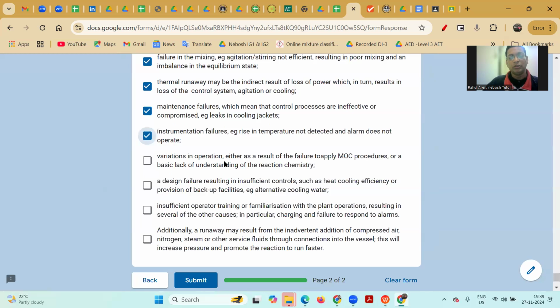Variation in operation, either as a result of failure to apply MOC procedure or a basic lack of understanding of the reaction chemistry. A design failure resulting in insufficient control, such as heat cooling efficiency or provision of backup facilities, alternative cooling water.